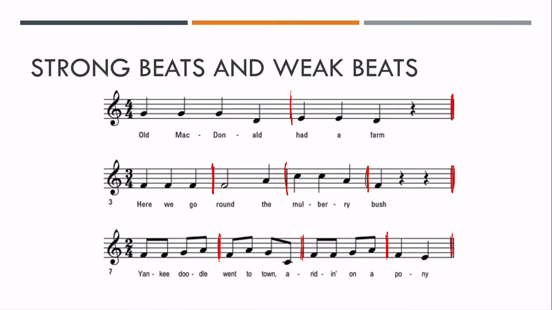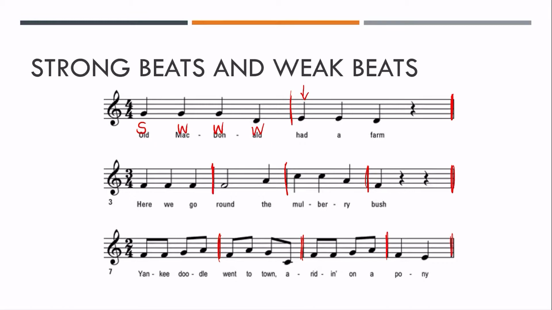All right, perfect. So on that first example, you can see our first beat is going to be strong, right? Always. So that's strong. Now, this next beat is going to be weak, weak, weak. Now, this next one, we've got to stop and think about, okay? Is it going to be strong or weak?